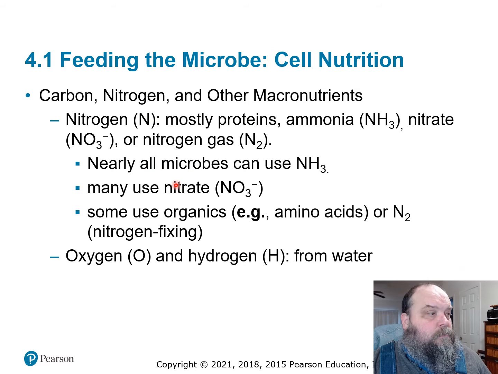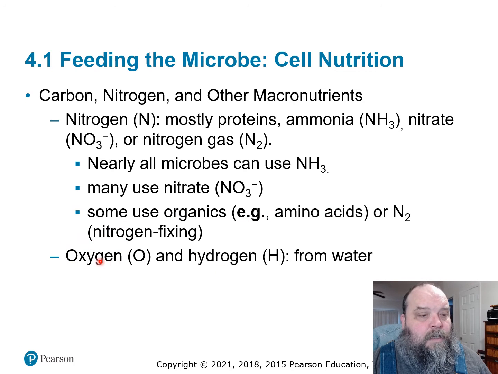The nitrogen that's going to be found in cells, if it's microbes, they're going to use ammonia or NH3. They're going to take it up. They can use nitrates. Few of them can do what is referred to as nitrogen fixation. Take in gaseous nitrogen and basically fix it to hydrogens to make ammonia, to make nitrate.